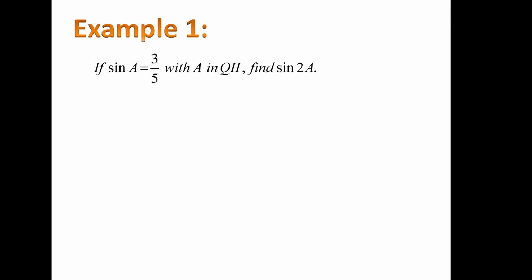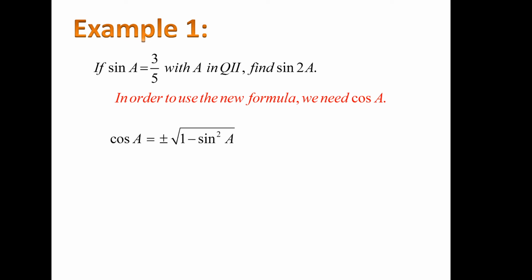Now let's do some examples. Let's start with the first one. If sine A equals 3/5 with angle A in quadrant 2, find sine of 2A. The first thing you want to do, in order to use the formula, is find cosine of A. Cosine of A can be found using the Pythagorean theorem, or you can simply draw the triangle in quadrant 2, and you figure out that the ratio for cosine of A is negative 4/5.